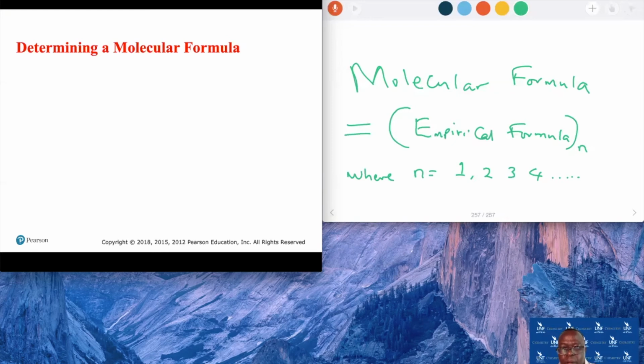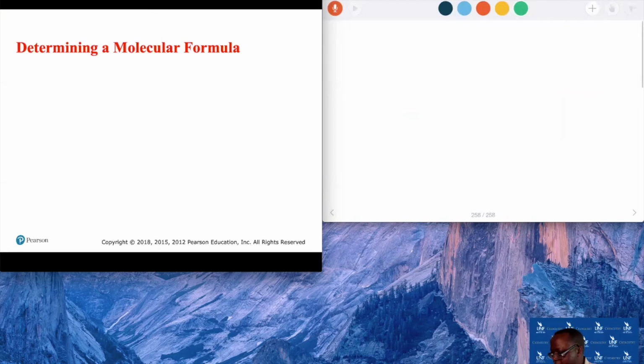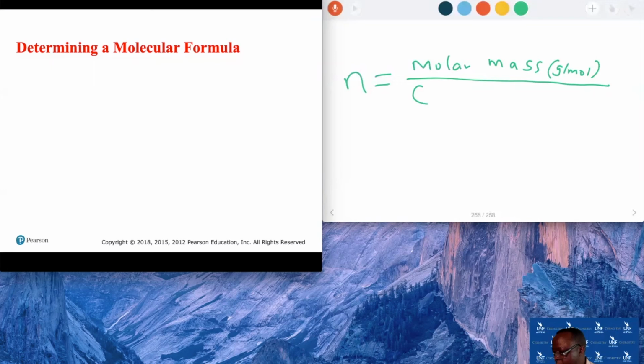To get the molecular formula, first you have to know the empirical formula and the value for n, where n is determined from this. You'll always be given the molar mass, always in grams per mole, over the empirical formula mass.